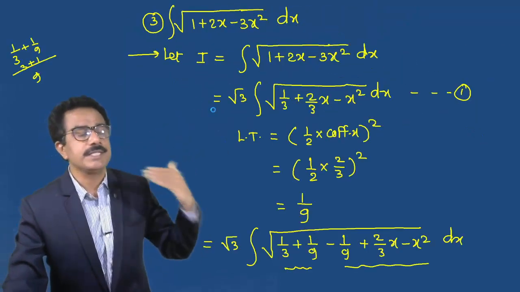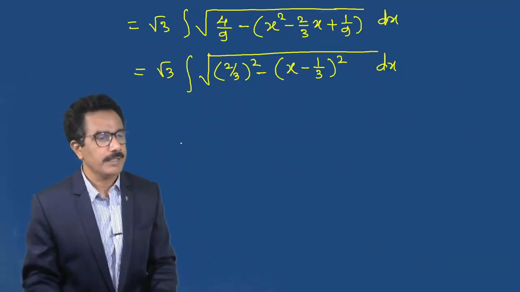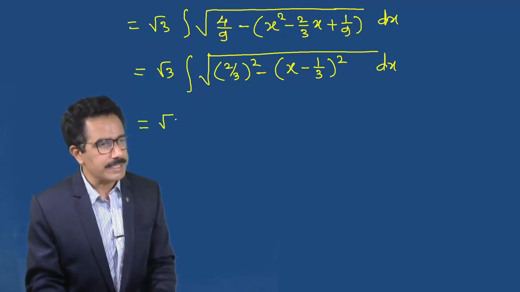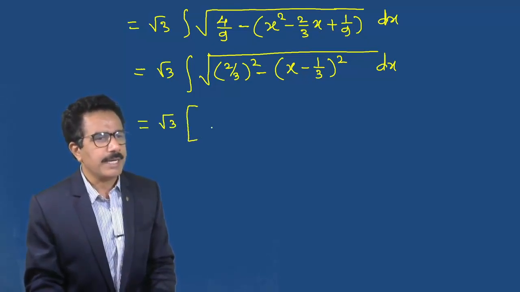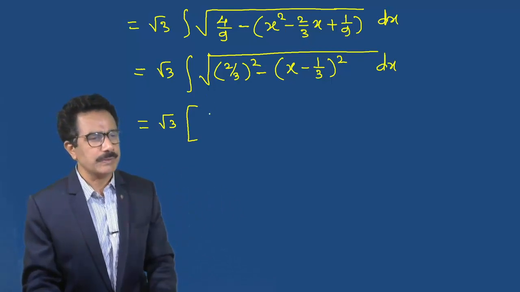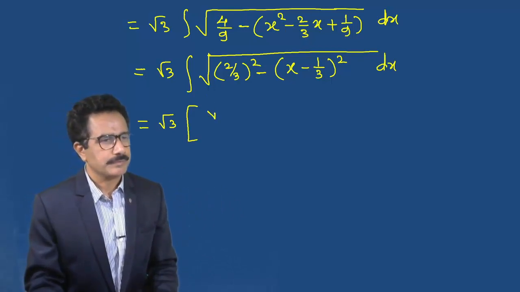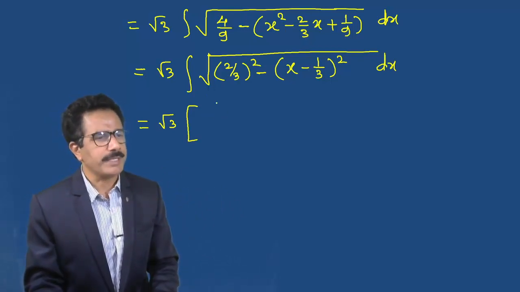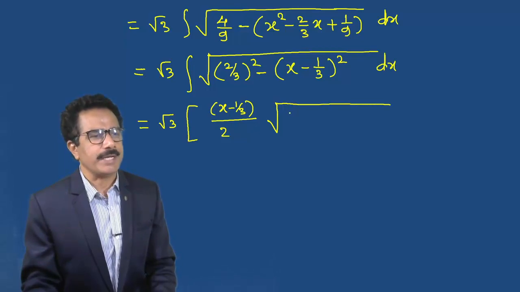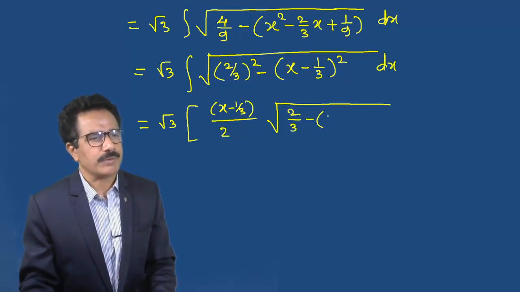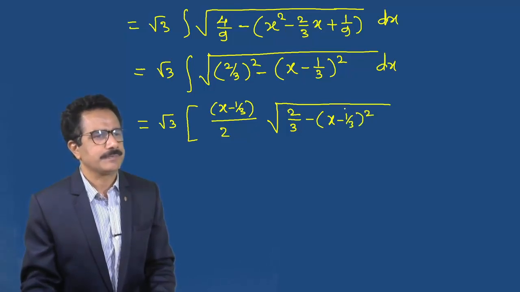The standard formula for this is root 3 as it is, in bracket x by 2, x by 2 meaning x minus 1 by 3 upon 2, into root a square minus x square, meaning 2 by 3 minus x square, meaning x minus 1 by 3 bracket square.